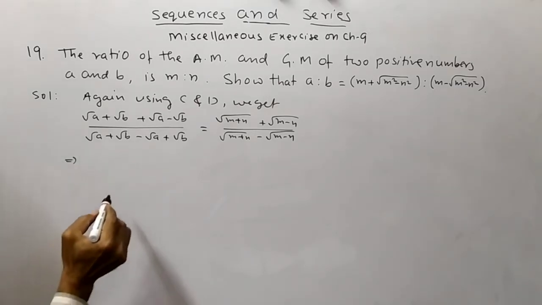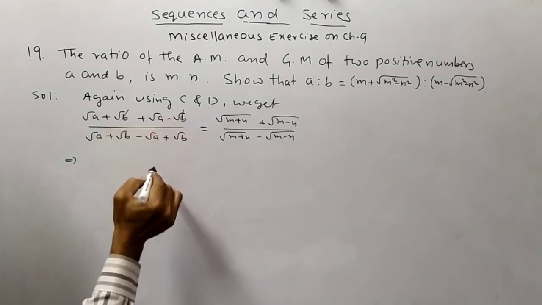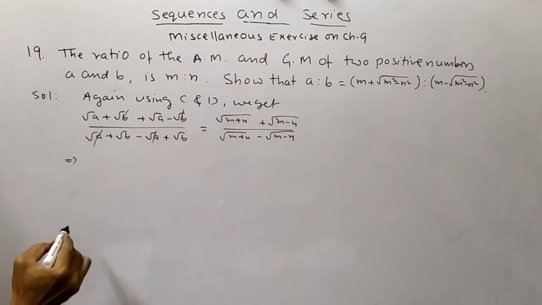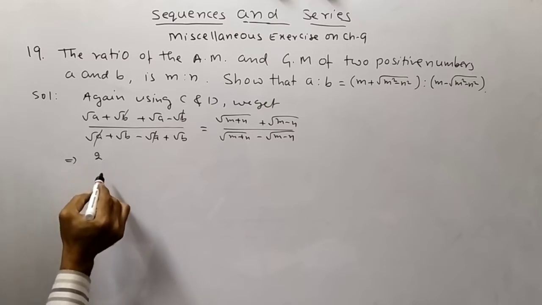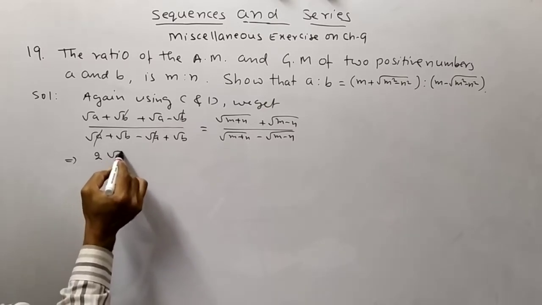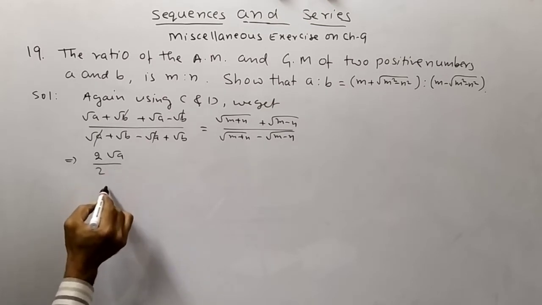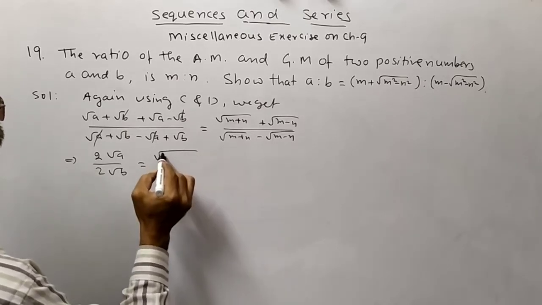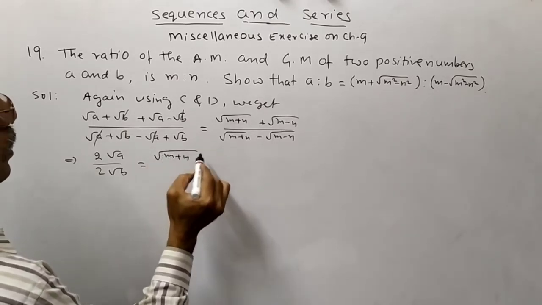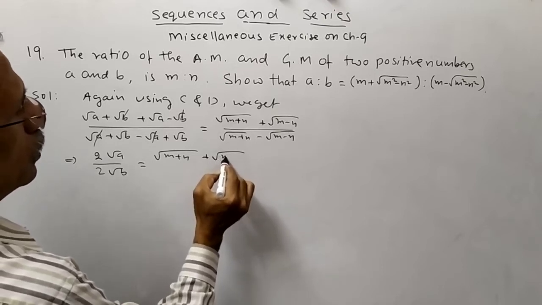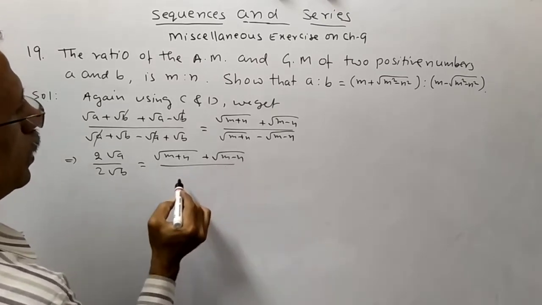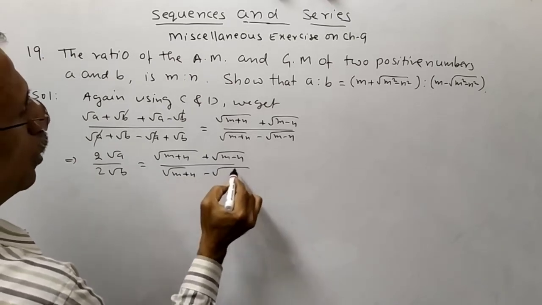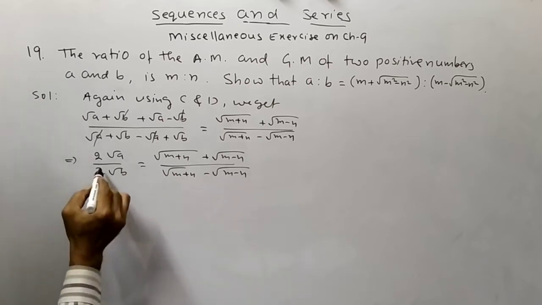This implies square root of b and minus square root of b will get cancelled. Root a minus root a will get cancelled. 2 times square root of a divided by 2 times square root of b is equal to (square root of m plus n plus square root of m minus n) divided by (square root of m plus n minus square root of m minus n).